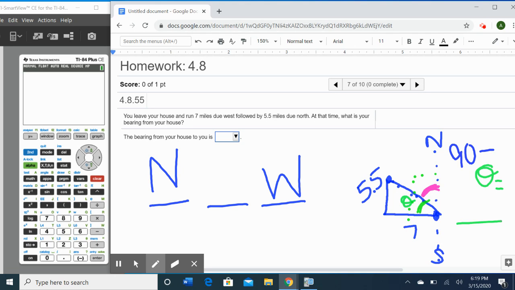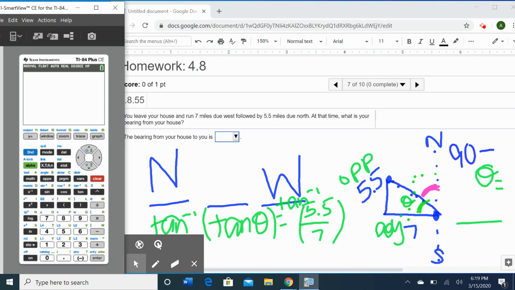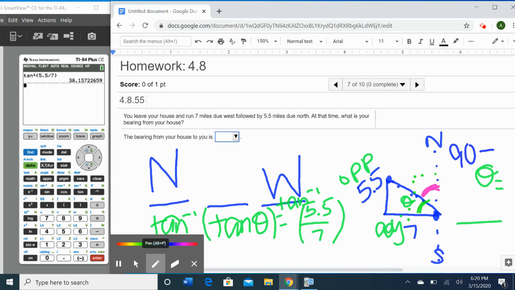So let's find theta. Let's think about what we know. The side opposite of theta is 5.5 and the side adjacent to theta is 7. So I'm going to set up that the tangent of theta is equal to 5.5 over 7, and I'm going to take tangent inverse of this to find that answer. So I'm going to do second tangent of 5.5 over 7, and I get that theta is equal to 38 degrees.